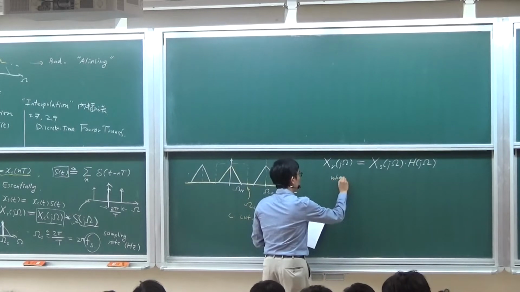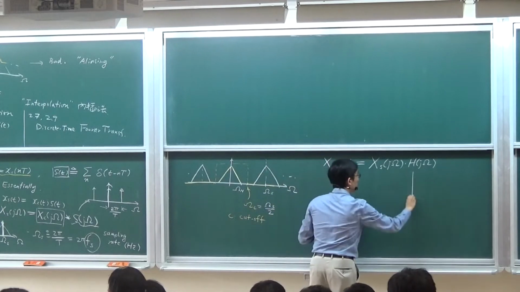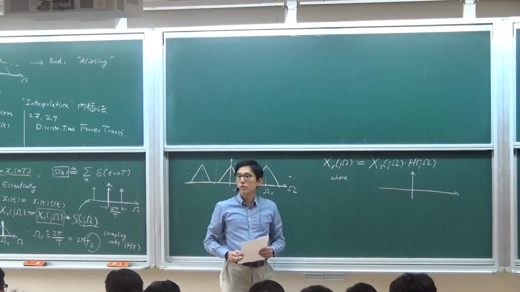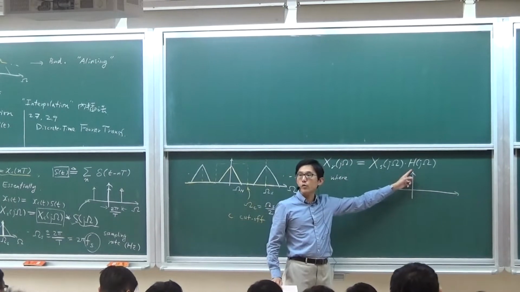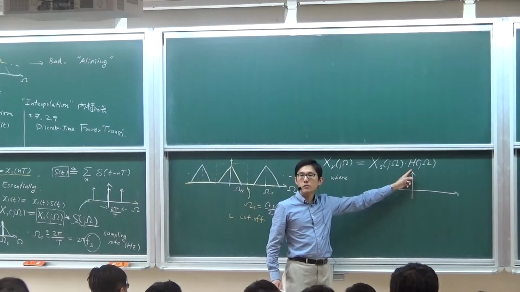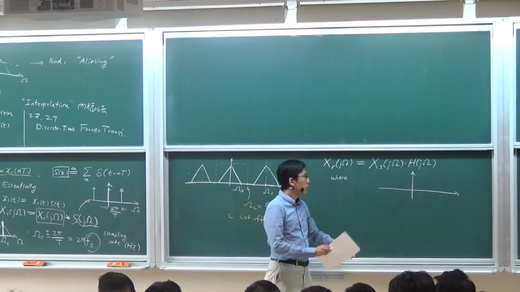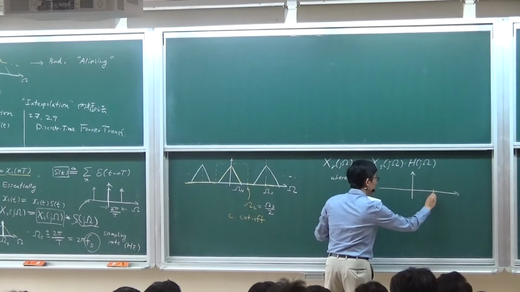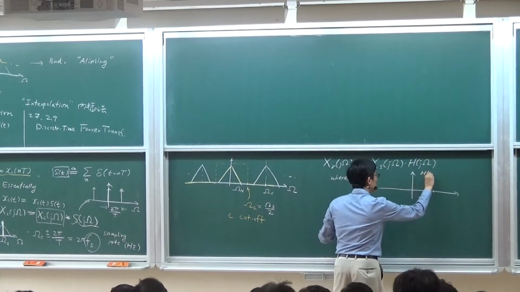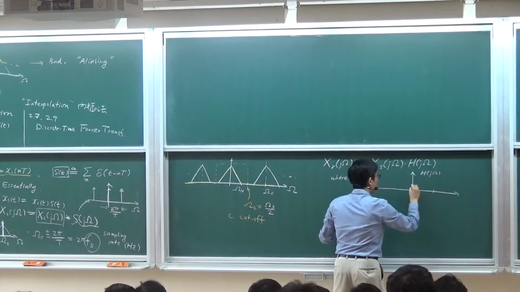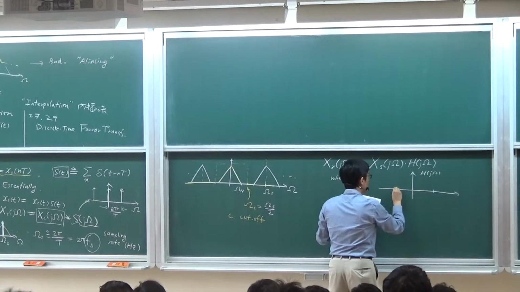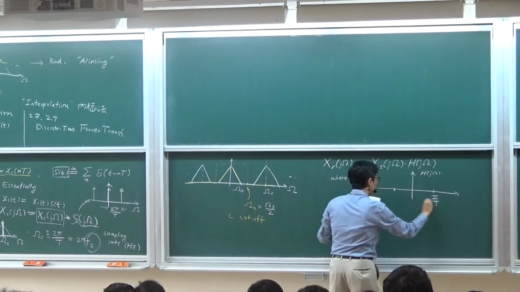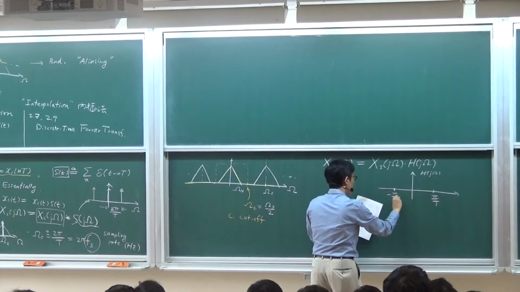Here H denotes the frequency response of that low-pass filter. Okay, so let's be more exact. Here the H response will be a constant in between frequency pi divided by T and minus pi divided by T.